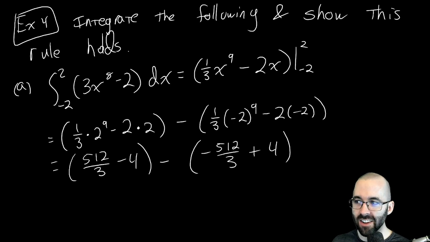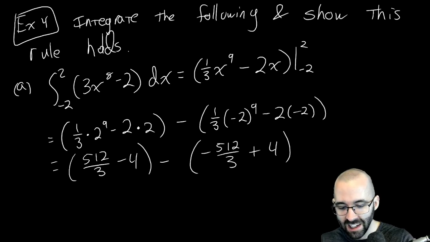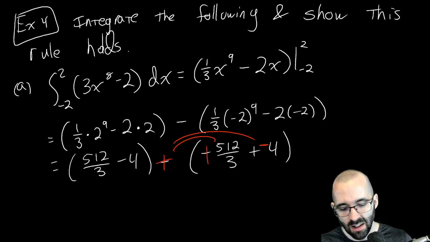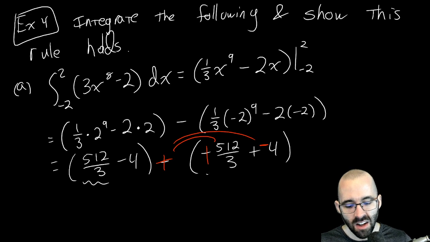Now, before you get excited and think it all cancels out, remember we have to distribute that negative. When we distribute that negative, this becomes a plus, this becomes a plus, and that becomes a minus, and you're going to notice that we have a positive 512/3 plus a 512/3. Now we have 2 of them.